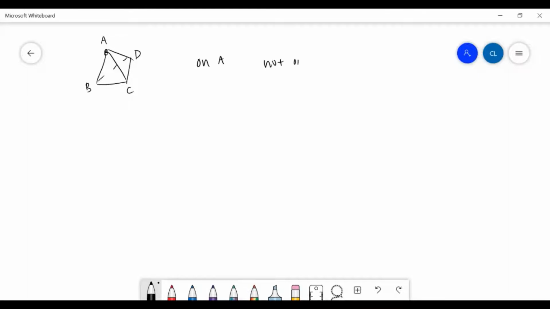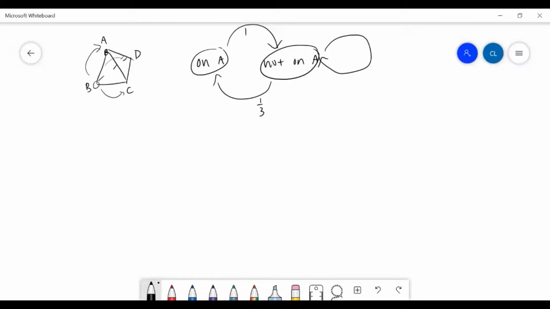So if it's on A, then, oh, this is called a state diagram. Basically, you show what happens between different states. If it's on A, then with probability 1, it has to go to B, C, or D, which is not on A. If it's not on A at some point, then it goes to A with probability 1/3 because, for example, B has 3 choices and one of them is A. And then this gives us 2/3 for going from B to another one of B, C, or D, if that makes sense.